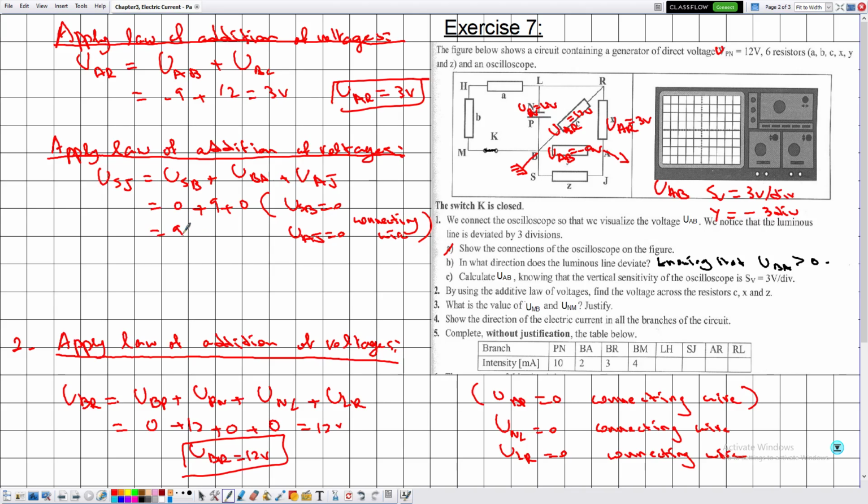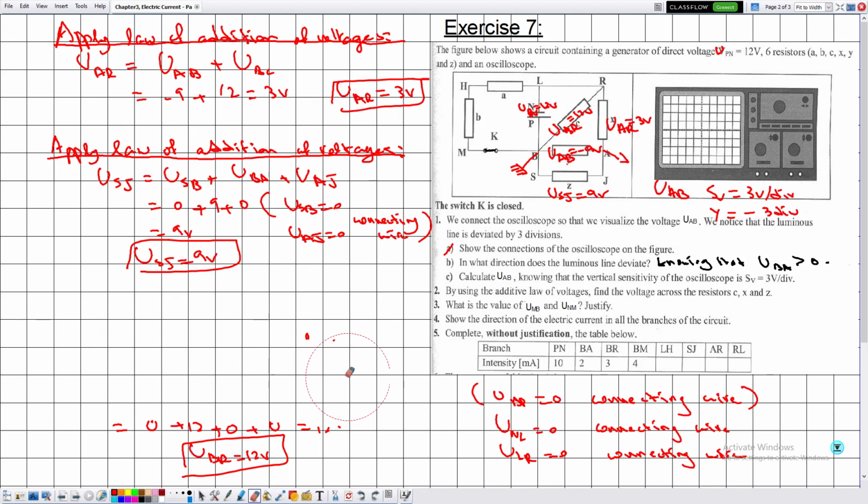So this is equal to 9 volts. Then USJ is equal to 9 volts. So we are done with part 2 also.